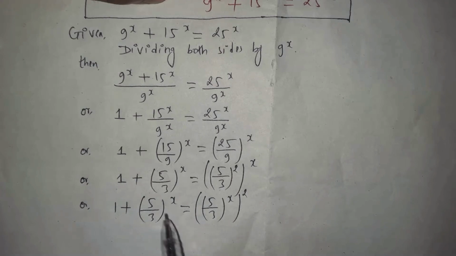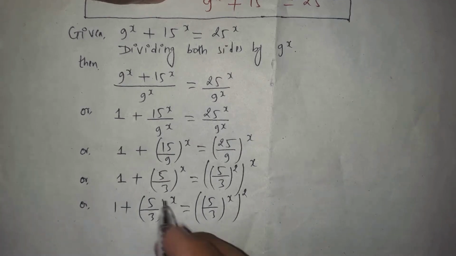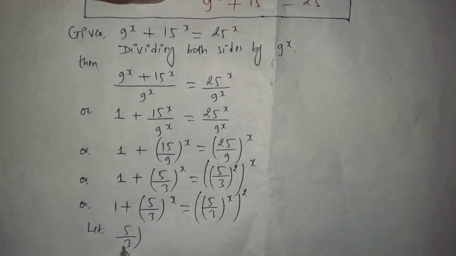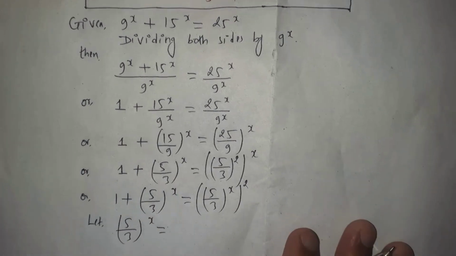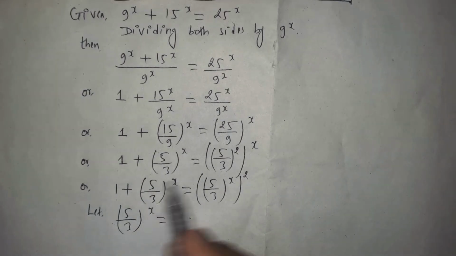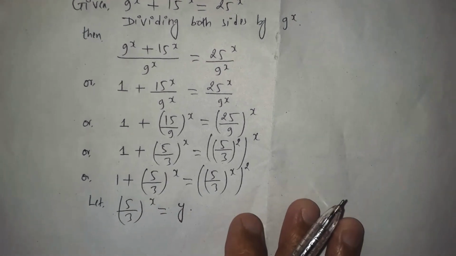And the number 5 over 3 raised to the power of x is repeated here. Let's suppose this number is a new variable, let's say y, then our equation will be in terms of the new variable y.